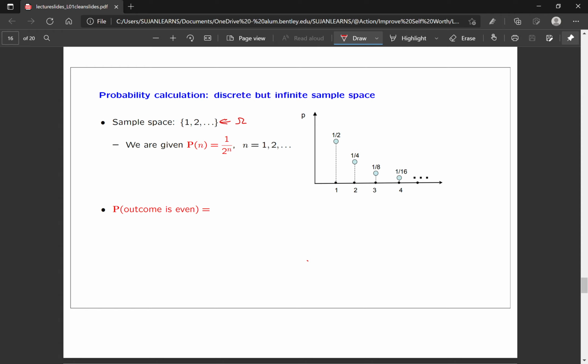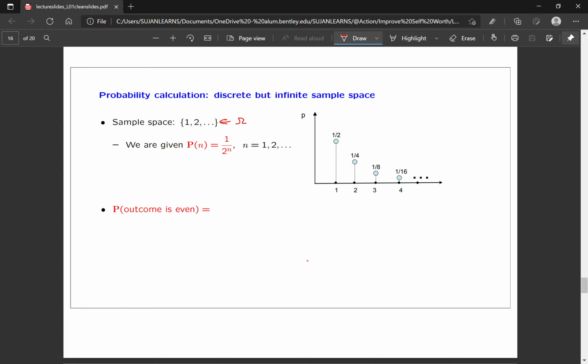Next step is to define a probability law for our sample space. A probability law should apply to all events in the sample space, but we will define the probability law for just one single event.